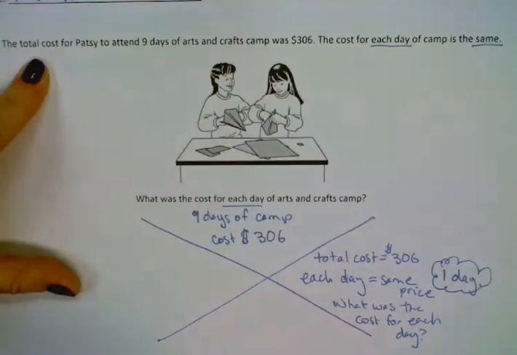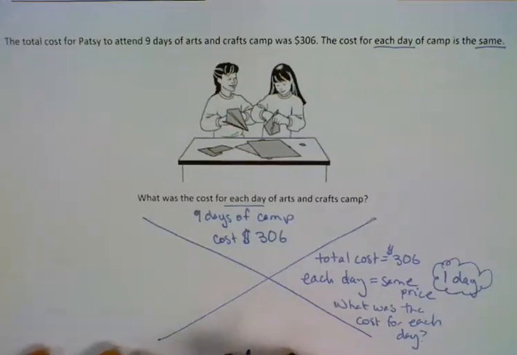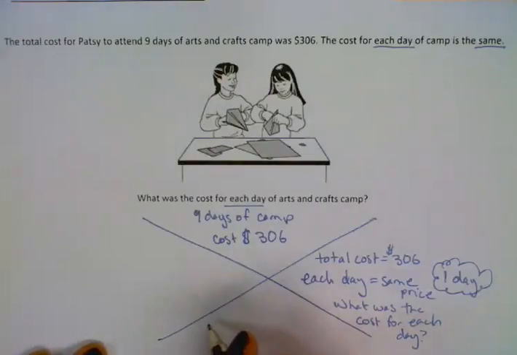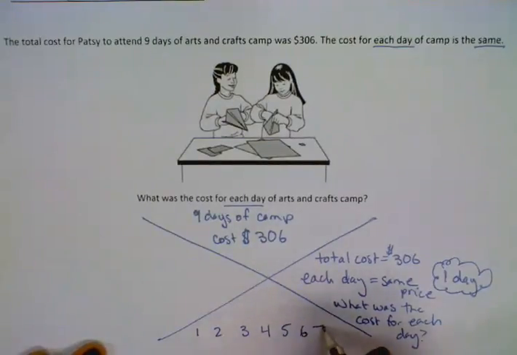Now I'm going to think through what's happening in the story with a visual representation. So Patsy went for 9 days of camp. So here are the days. 1, 2, 3, 4, 5, 6, 7, 8, 9.